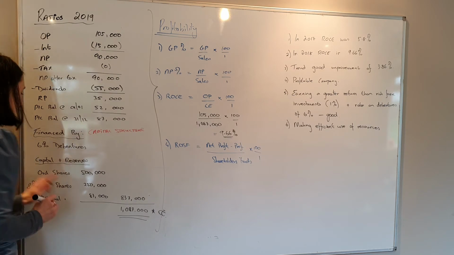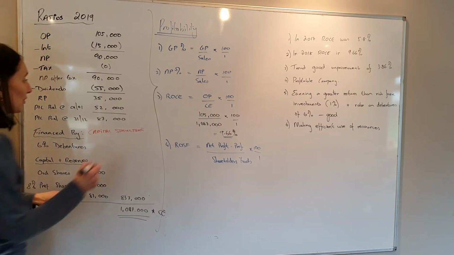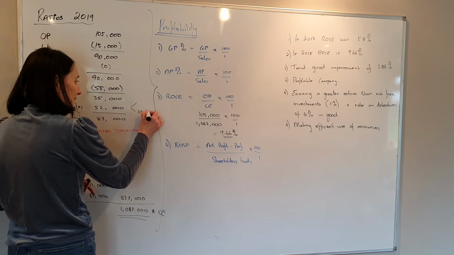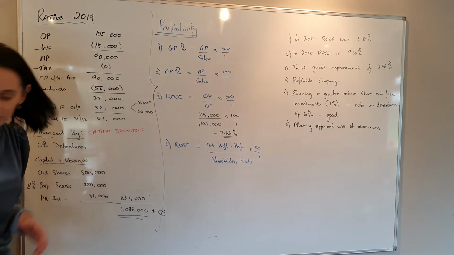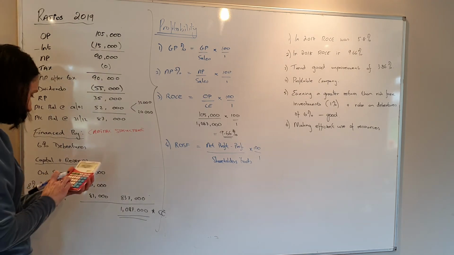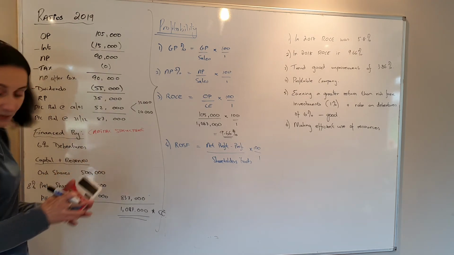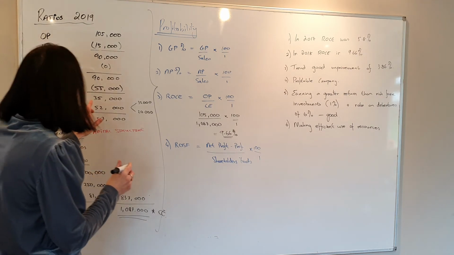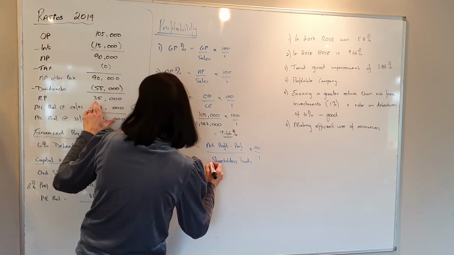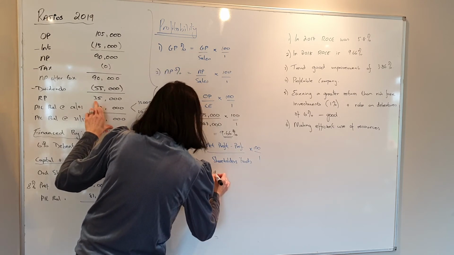So the preference shares have to get 8% of this, which we said was 20,000, and that was 32. So make sure I've done that right, just, yeah, 20. So we're saying the return they got is your profit, 90,000.